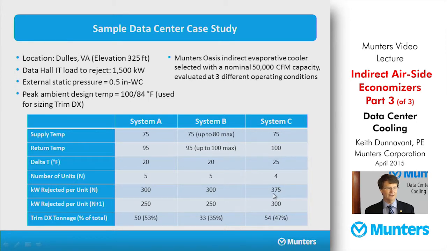Each unit has a capacity of 375 kilowatts in the peak or the critical mode, and under normal they'll be rejecting 300 kilowatts when all 5 units are operating. In this setup, we've got 54 tons of trim DX required per unit, which is 47% of the total.